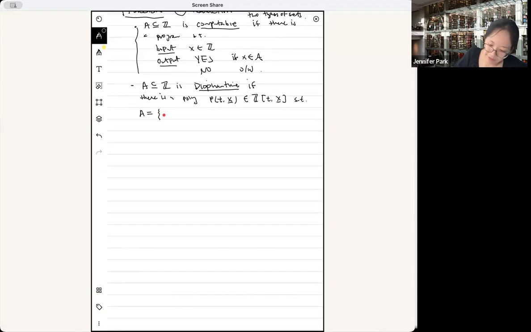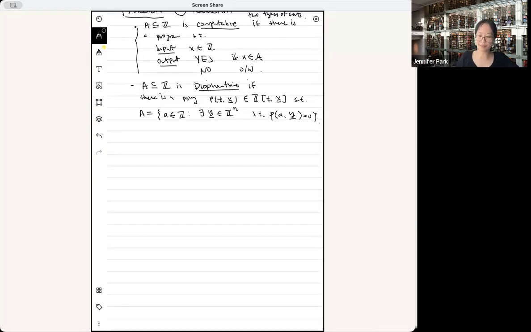So it's going to be the set of integers, let's say little a in Z, such that there exists some X. I don't know if you guys have seen this notation before. It means there exists some kind of an X. Maybe I will use Y. So there exists a bunch of integers Y in Z to the power of, let's say, N, such that P of a comma Y is equal to 0.